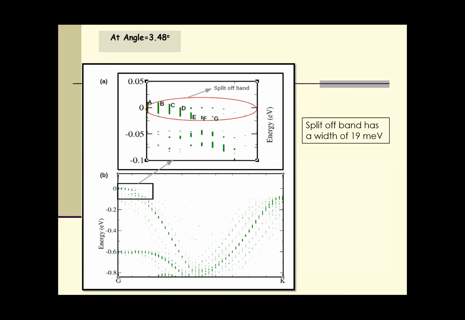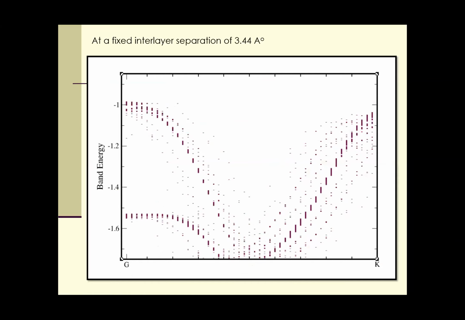And what do we find in this case? Surprisingly, even here you can talk about a band structure. Zooming in on the region close to the valence band maxima, we find a split off band, which has a very narrow width of 19 MeV. Is it the modulation in the interlayer separation that's giving rise to all this? So we fixed the interlayer separation at what is typical.